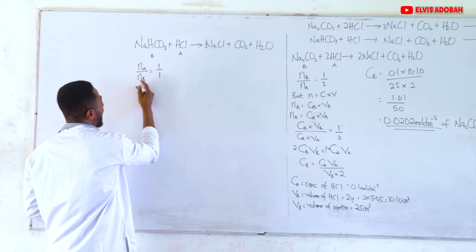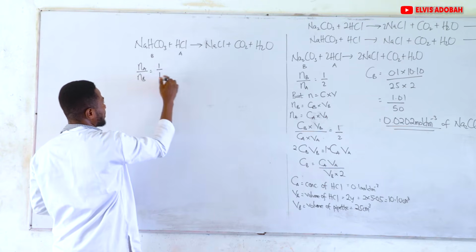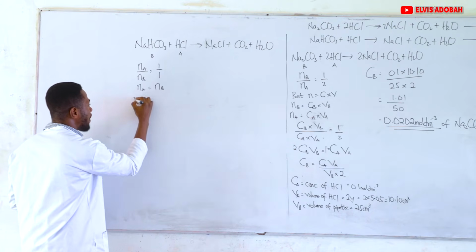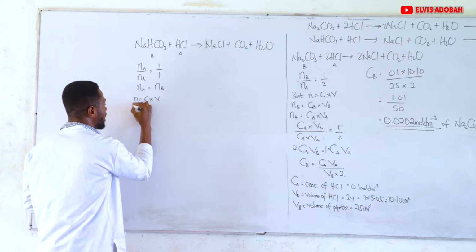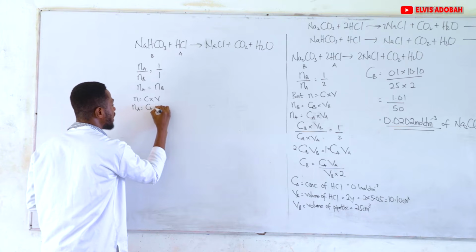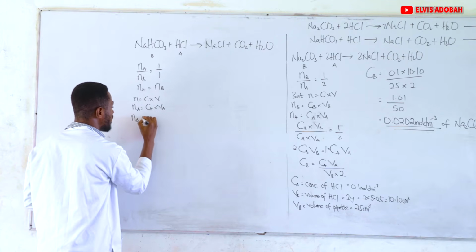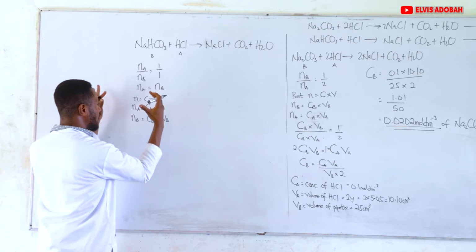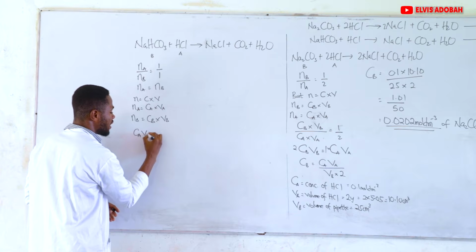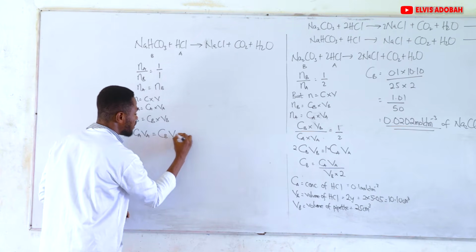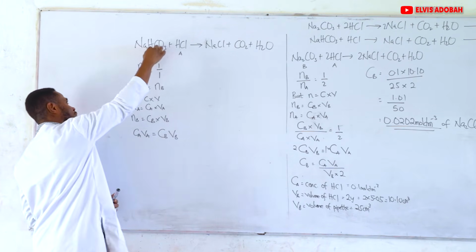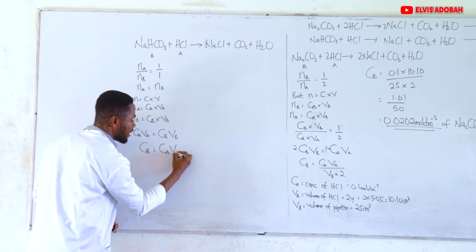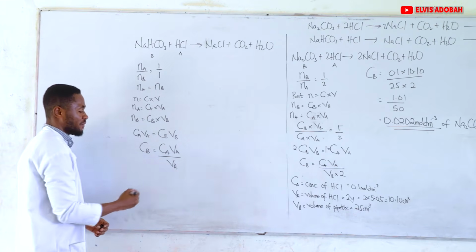So we can say that amount of A is equal to amount of B when we cross multiply. But we know amount is concentration times volume. So amount of A will be concentration of A times volume of A. Amount of B will be concentration of B times volume of B. We can fix them into the formula and get CaVA is equal to CbVB. Now we are looking for the concentration of sodium bicarbonate, which is Cb. So our Cb becomes CaVA over Vb.